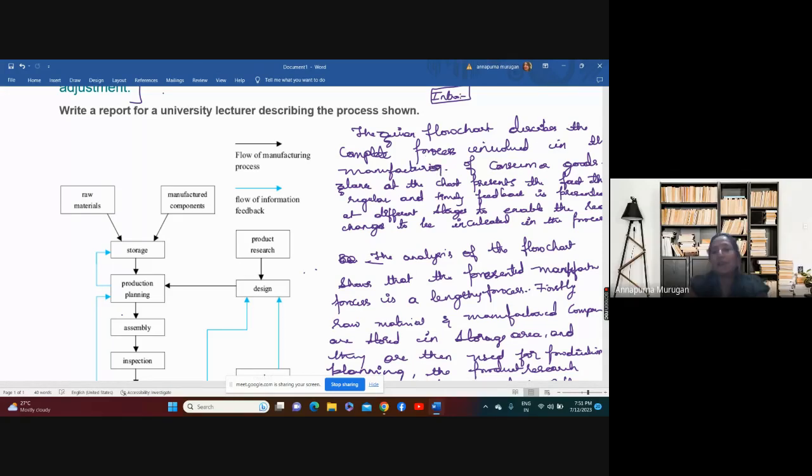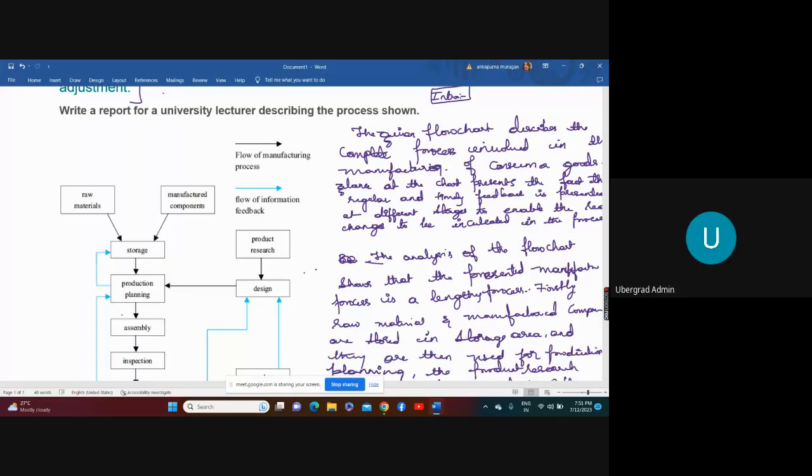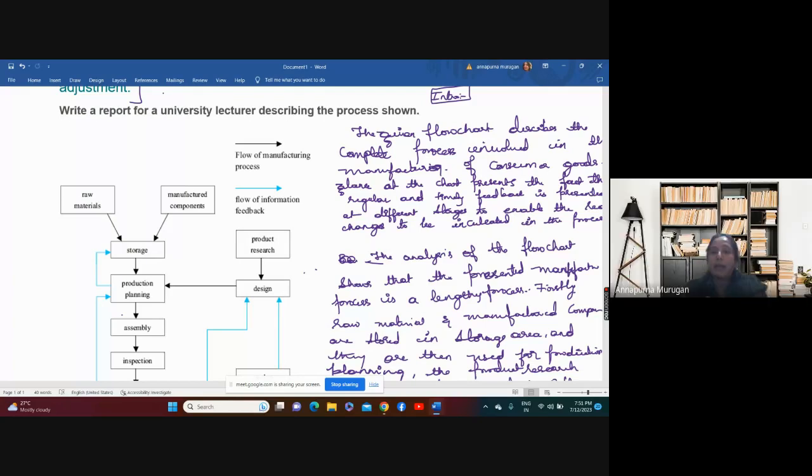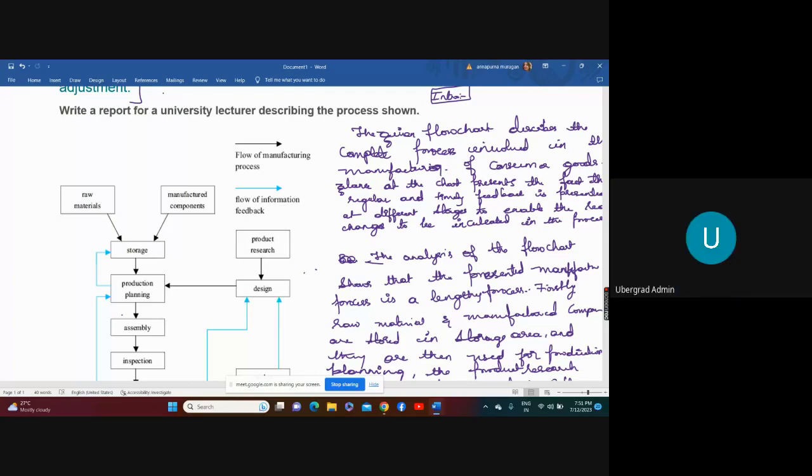It is not manufacturing, it is manufacture. We won't be using the ing form of the word. And also manufacture will come, says in the introduction itself.